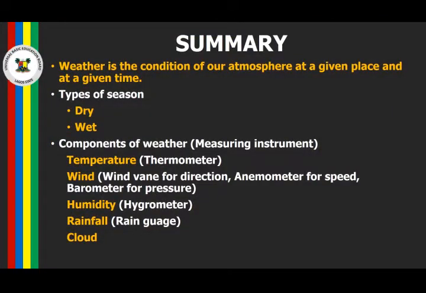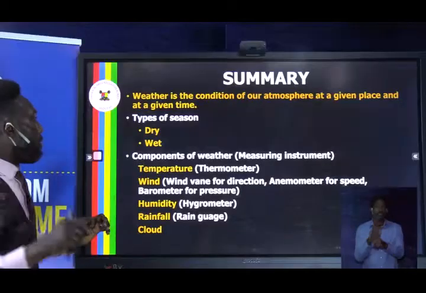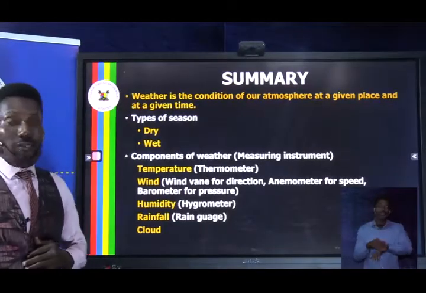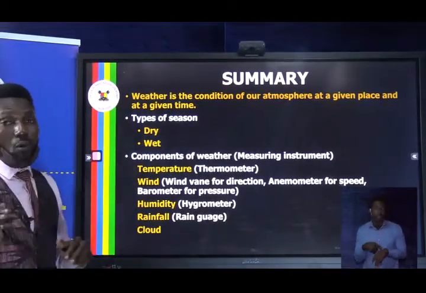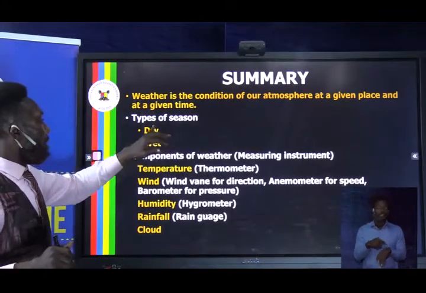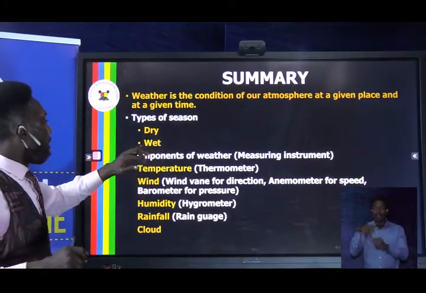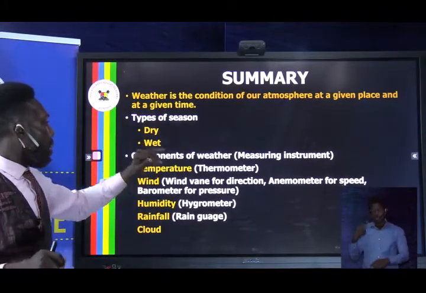Then I put it in another form to say that weather is the atmospheric condition of a place for a short period of time, while climate is the atmospheric condition of a place for a long period of time. Weather takes day-to-day changes, while climate takes within a year. So we talked about types of season, that's dry season and wet season, and we talked about the date for dry season and the month for wet season.